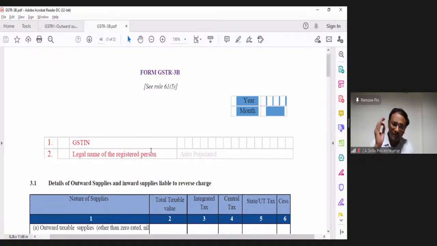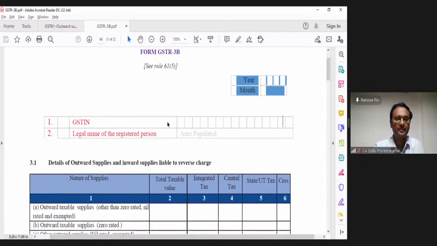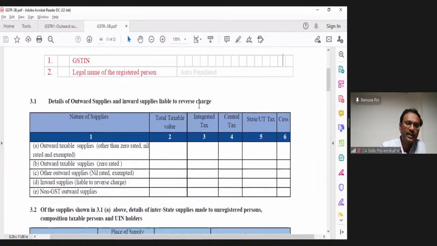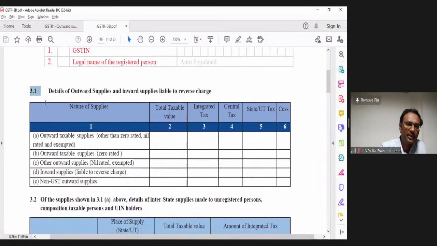Again, not from an exam point of view. For you, how to collect the information and how you fill this information, I draw your attention to this particular form. Some data is auto-populated in your GSTR 3B. First, table 3.1.